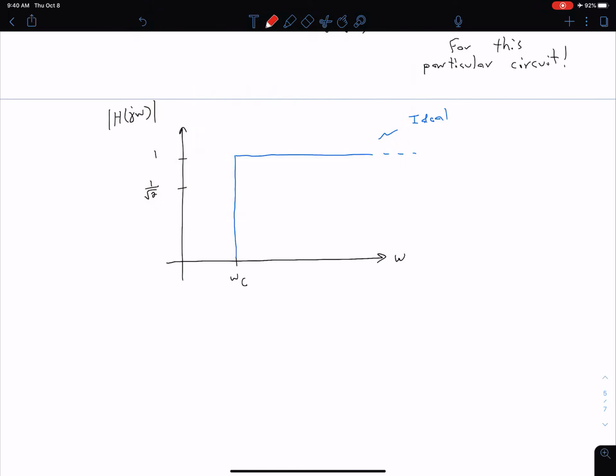Now for our actual case, we know that at this value of omega c, that's our half power point, which corresponds to a voltage or current magnitude of 1 over root 2, which again is about 0.7. So we have something that has more curvature to it, and is going to look something like this.